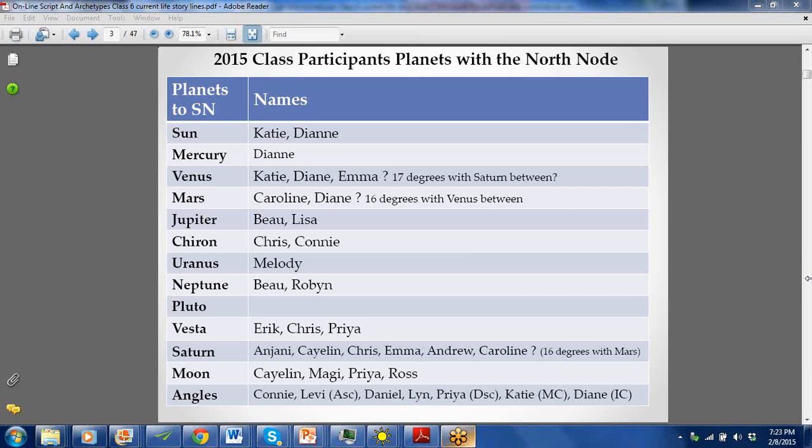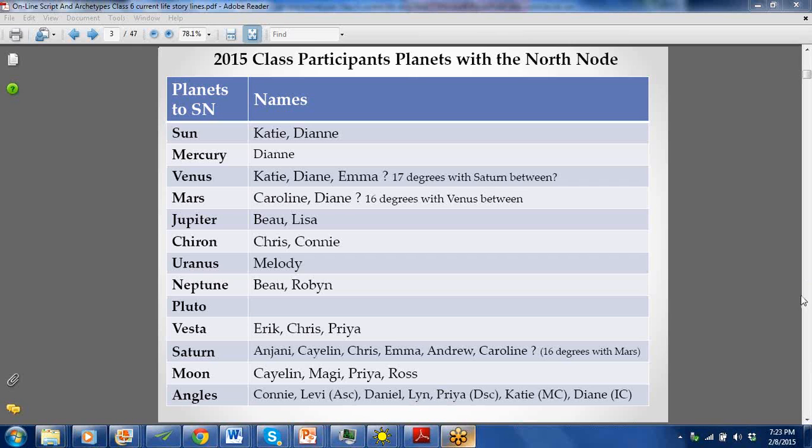Right. And Maggie's question says, the North Node conjuncts the Moon, which is the lineage past, and then how does that influence the new intent? Yeah. So it's kind of like a person who has the Moon and the rising sign the same sign, which I think we determined no one had in our class.